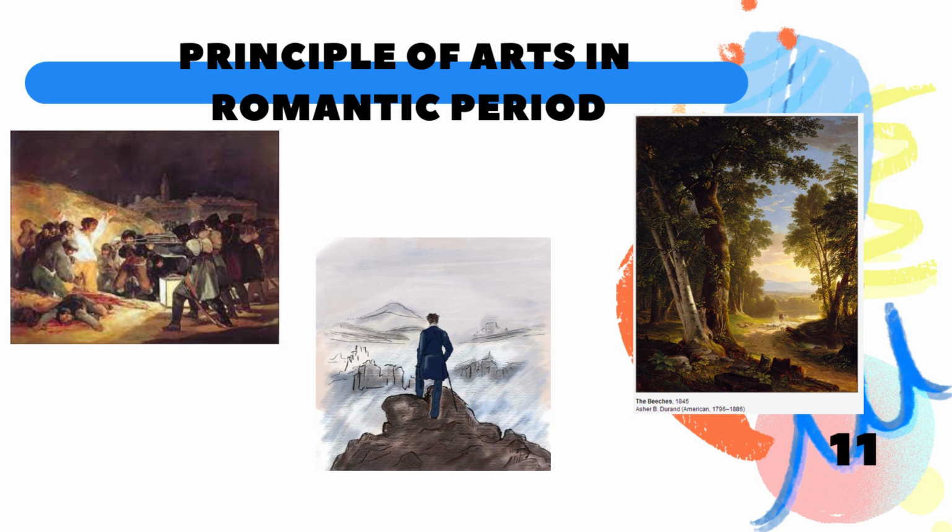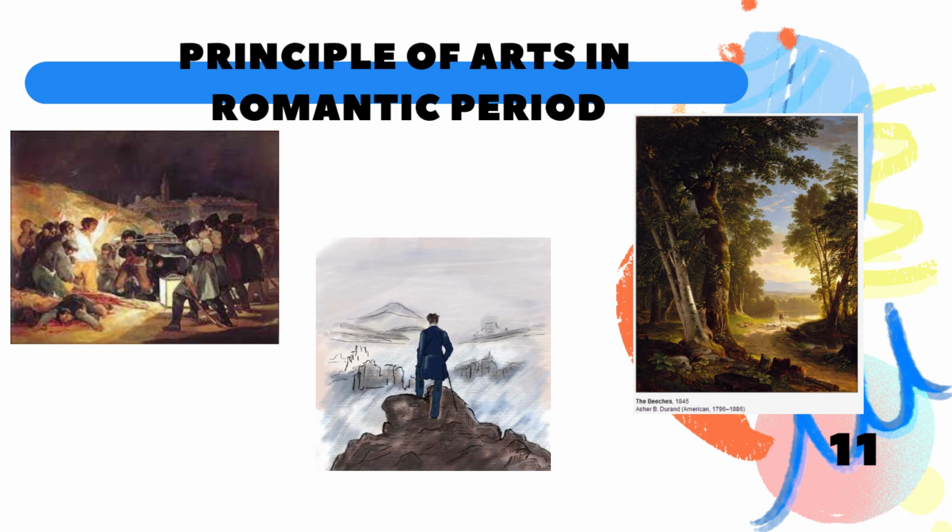Okay, so the next picture is The Wanderer Above the Sea of Fog. So it is also a harmony of color, lines, and there is also a harmony of texture.